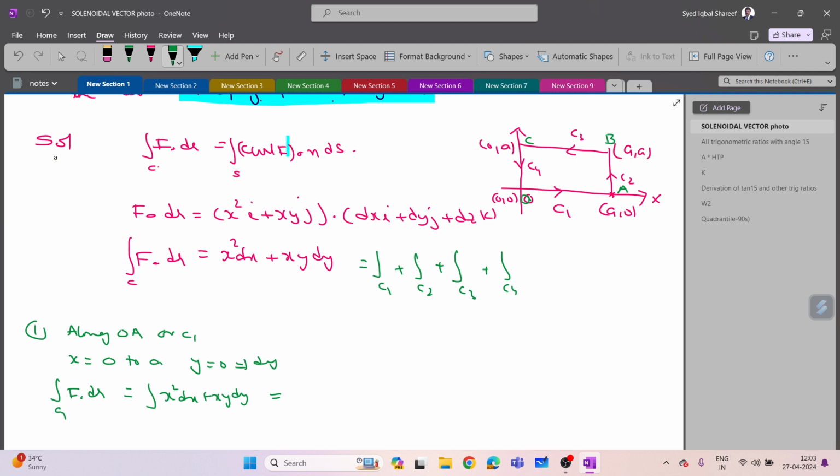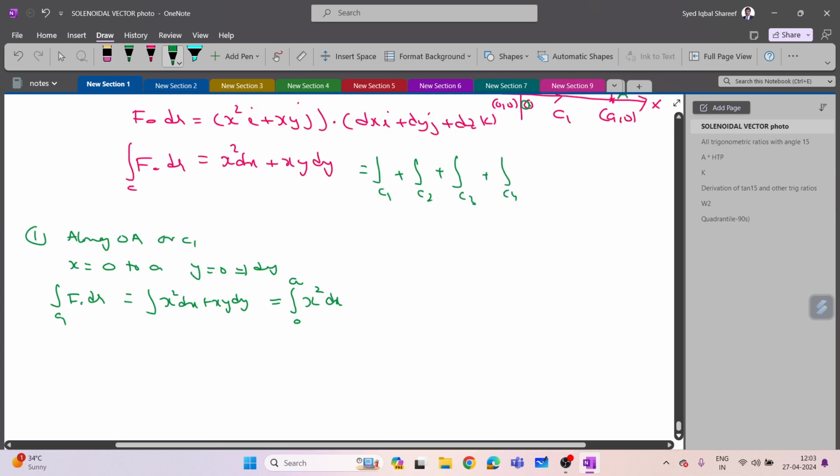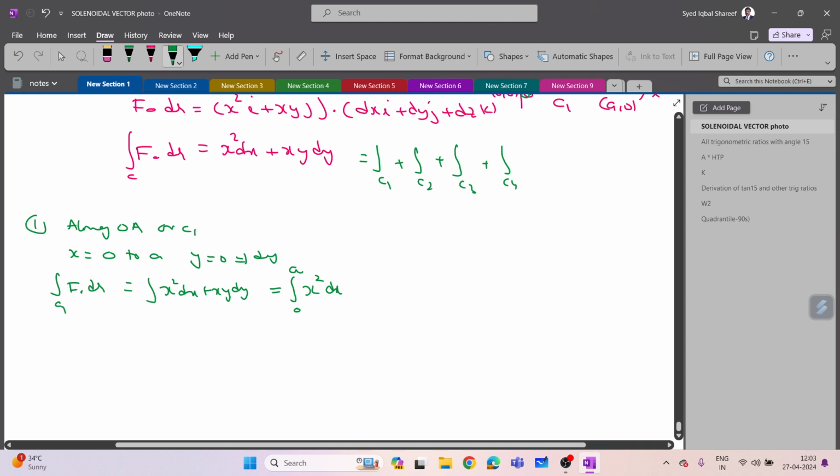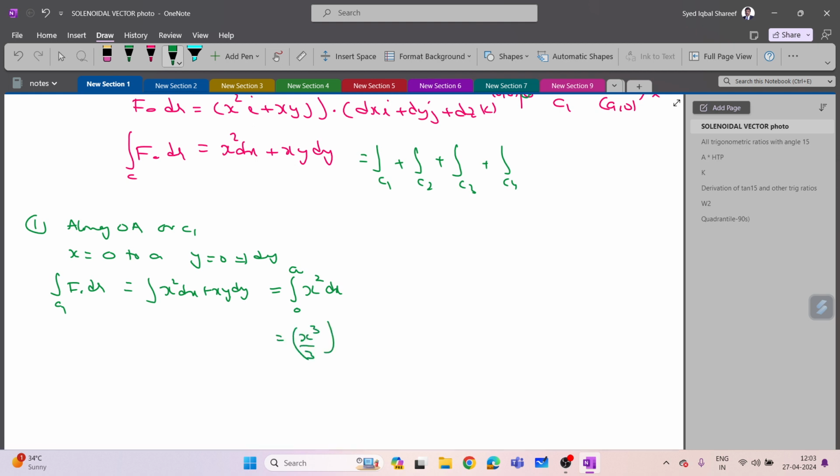With y equal to 0 and dy equal to 0, this part is 0, so we are left with x squared dx, x from 0 to a. Now if you integrate, this is x cubed by 3 from 0 to a. Upper limit is a cubed by 3 minus 0. This is answer number 1.